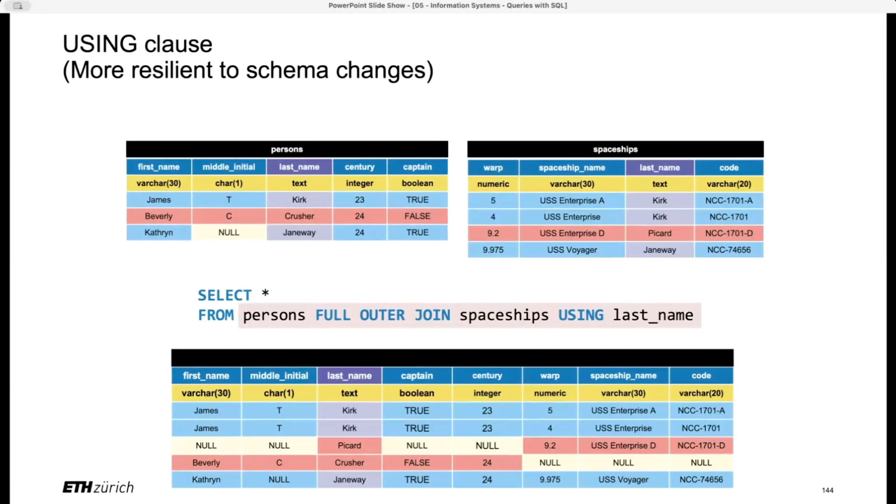It's like the restaurant when you combine the starters with the entrees and the desserts, right? Okay, so that's the using clause, using last name. That would have been equivalent to saying full outer join on persons.last name equals spaceships.last name, and then we project one of the two away. We remove one of the two columns. Who agrees?